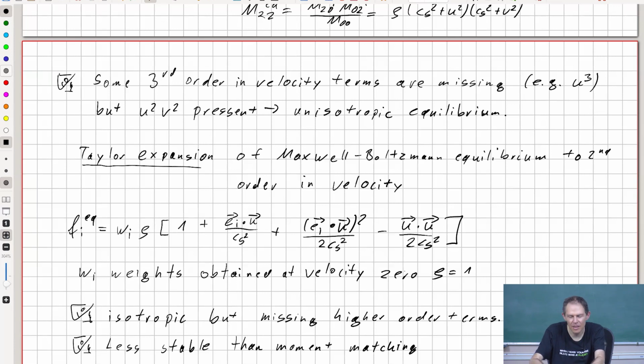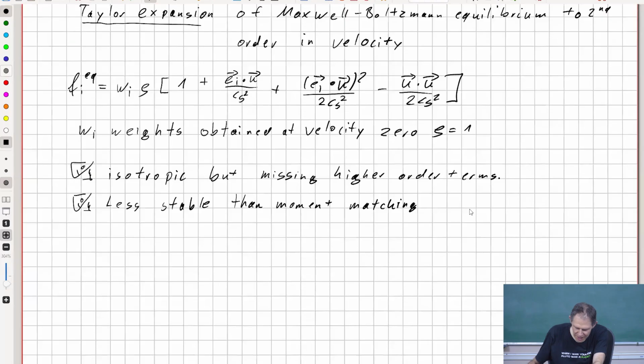This is the best reason why you should use moment matching. Then, as a third part, there is an entropic equilibrium. It's actually promoted by the Bangalore group. You have a question?